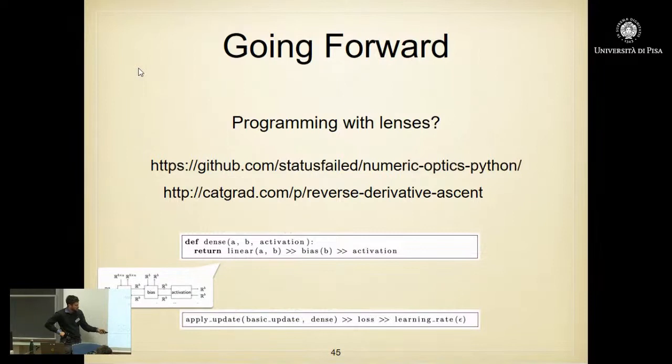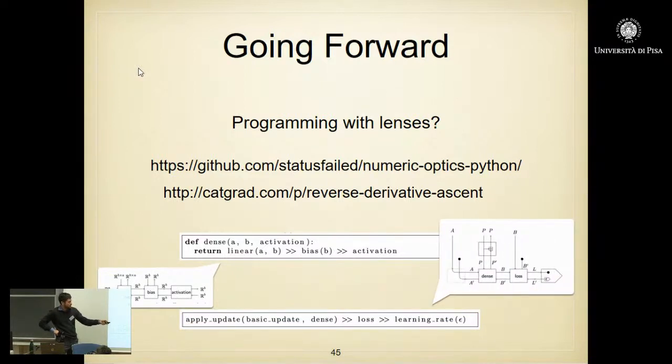And similarly, when we do the gradient descent, we can imagine we have a method which applies the update to the basic gradient descent in our network and composes it with the loss and the learning rate. So this is just mirroring this picture here that we had, in which we were seeing the learning as the composite of lenses.